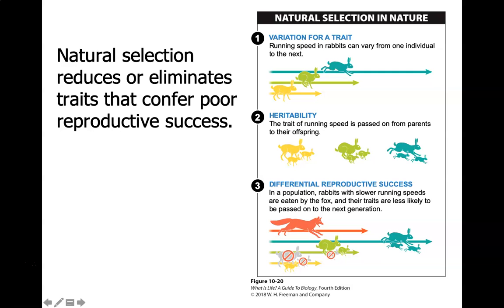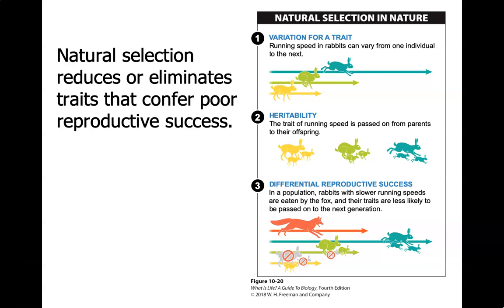So once that predator comes about, if he is able to catch up with these slowest individuals, their slow allele is going to be reduced from the population. Those individuals that can run away much more quickly are going to continue to pass on that faster gene because they are not being removed from that population.